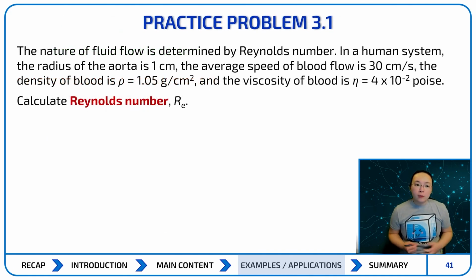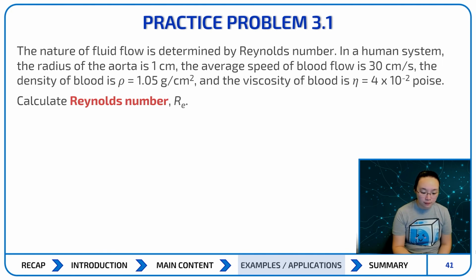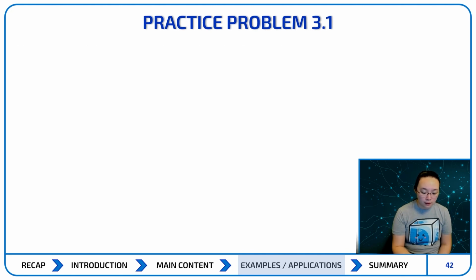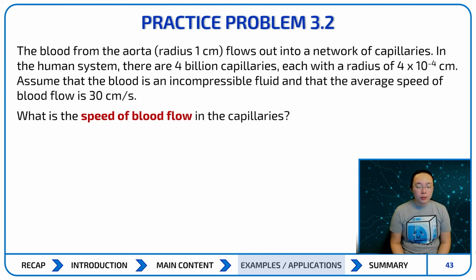Okay, so now on to some practice problems. Practice problem 3.1 really is just asking you to calculate the Reynolds number for a certain type of fluid. And then you should also be able to determine whether it's experiencing turbulent or steady laminar flow. Practice problem number 2 asks you to determine the speed of blood flow in the capillaries.